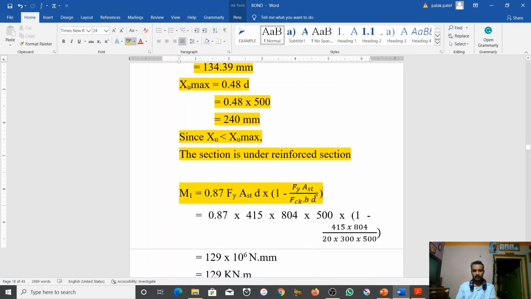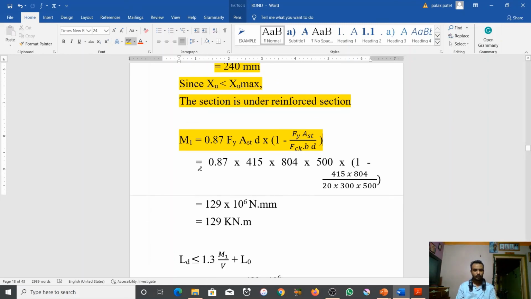So we use this equation to find M1: M1 is equal to 0.87 Fy AST into D into 1 minus Fy AST upon FCK B D. Fy is 415, AST is 804, D is 500, FCK is 20, B and D are 300 and 500.